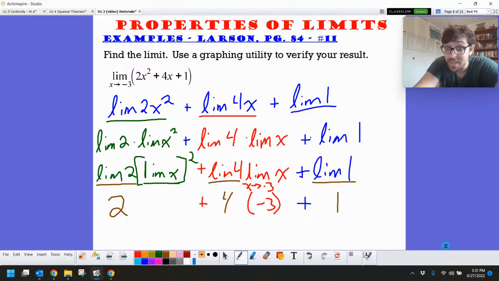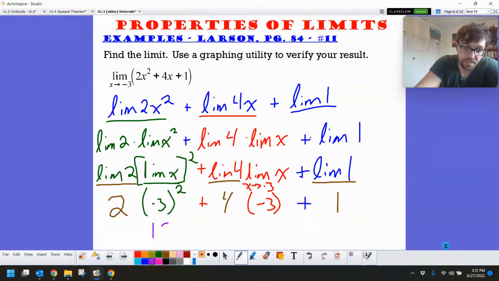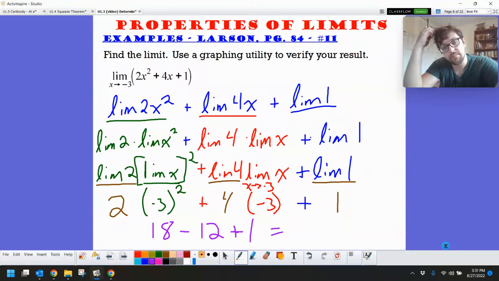Well, where is x heading towards as x heads towards -3? -3. Although this one's got a squared on it, so let's not forget that squared. So we get 2 times 9, which is 18, minus 12 plus 1. So that's 6 minus 12, that's 6, plus 1 is 7.